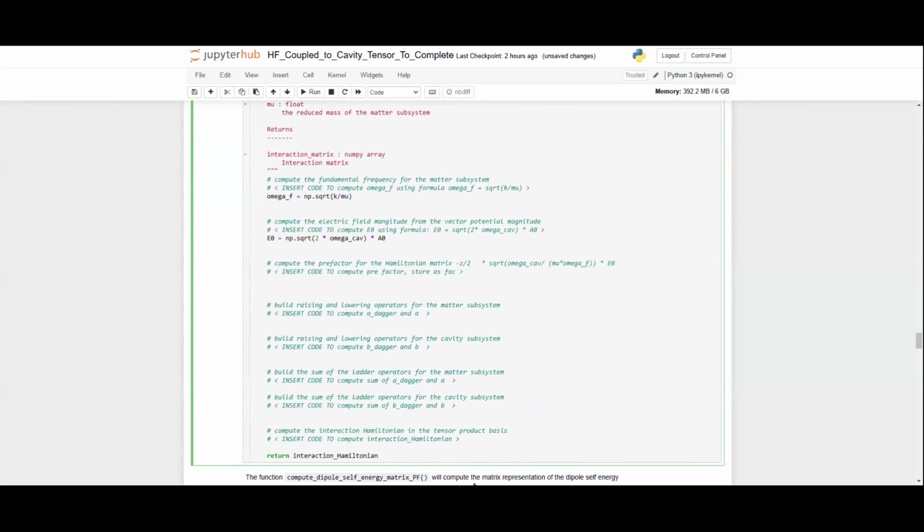And then we'll compute the prefactor and store it in FAC. The effective charge divided by 2 times square root of the cavity frequency.